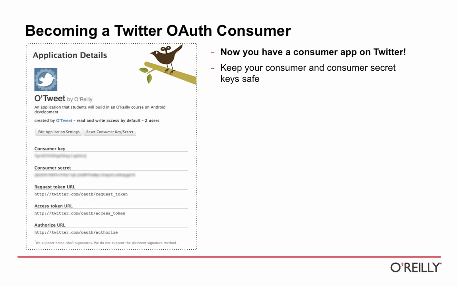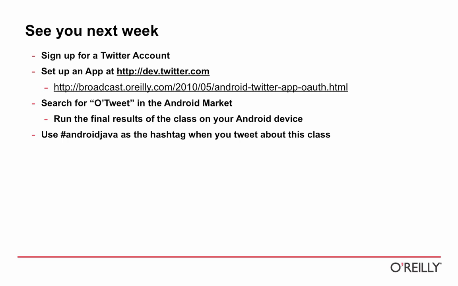One interesting thing from our perspective as developers of this little application is that TwitPic for J, the Java library that I use later on to post pictures up to TwitPic, has not changed over to OAuth yet, and I'm not sure how that's going to play out.